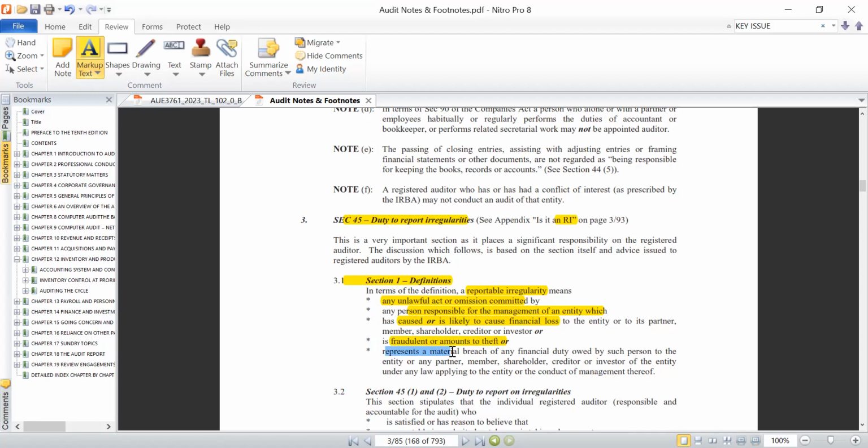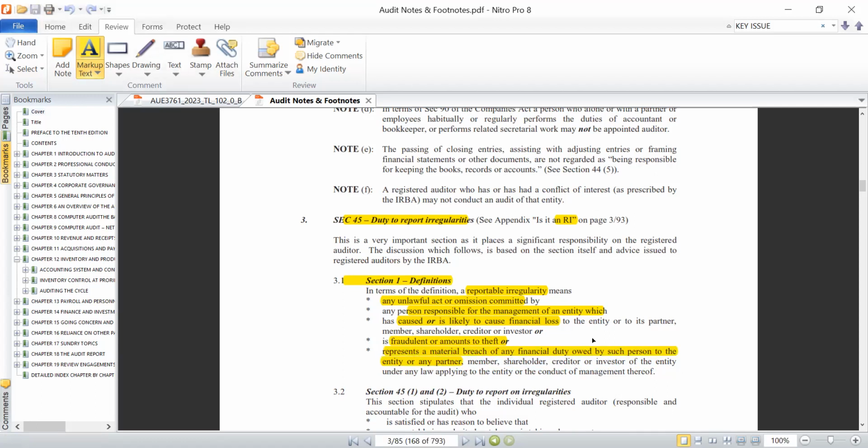Obviously, it's management. And also a reportable irregularity could mean a case whereby there's a material breach of any financial duty owed by such a person to the entity or a partner. So if there's a breach of contract, for instance, that's a reportable irregularity.